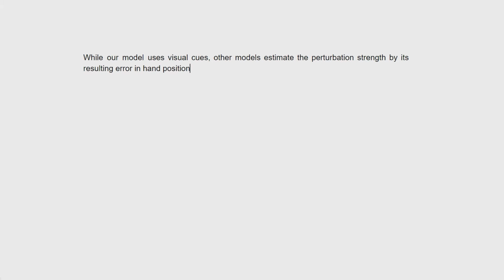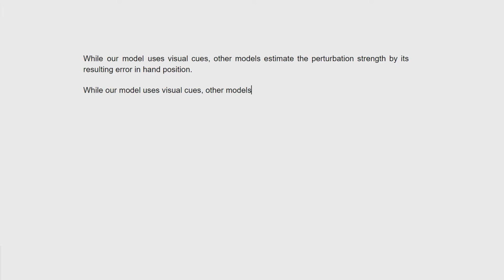Just add some words. While our model uses visual cues, other models estimate the perturbation strength by... okay, now we change it up. So we make the sentence a little bit more complicated by specifically pointing out that it's an error in prediction.